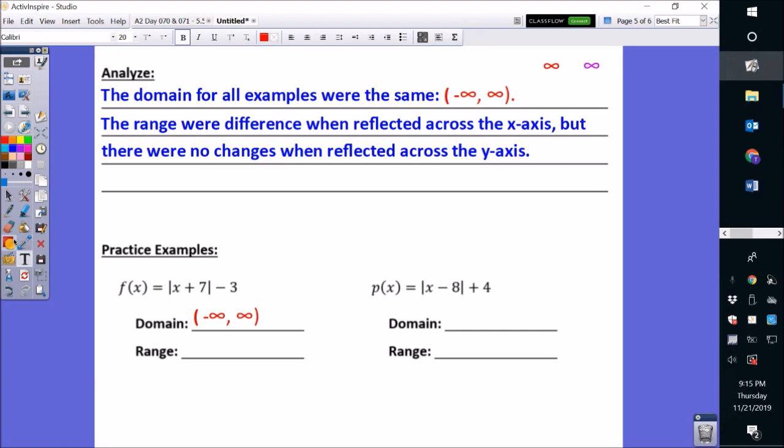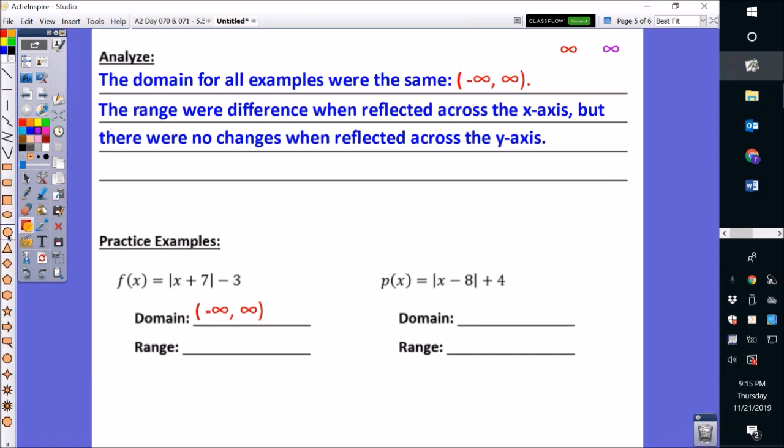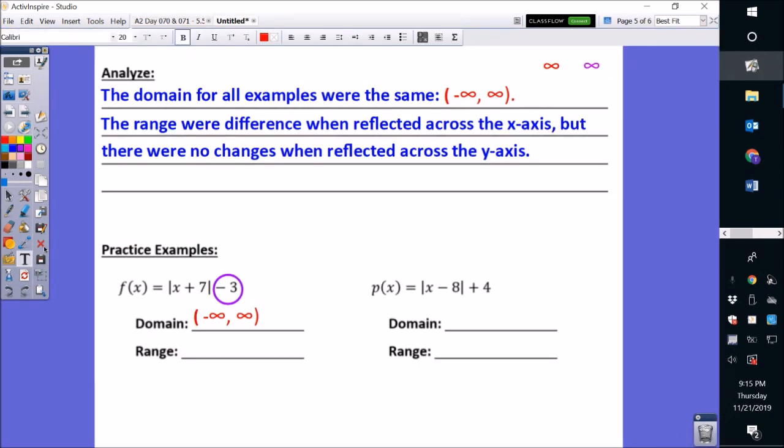Now earlier I mentioned about how if we use this particular number in the equation, that can help us identify our range. So let's take a closer look at the equation. Now, it's just the absolute value of x plus 7 and then minus 3. So there is no reflection, so that means that our range is going to start at the number that I circled.